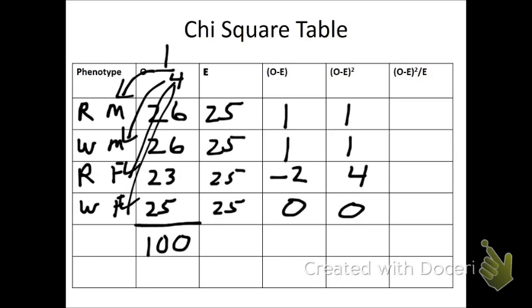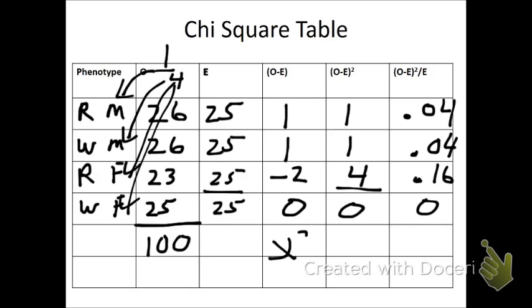Again, it's probably easier to write this as a decimal, so 1 divided by 25 is 0.04. It'll be the same on the next row, 1/25, 0.04. The next one is going to be 4 here, over 25 here. 4/25 is 0.16. And then this one's going to be 0.